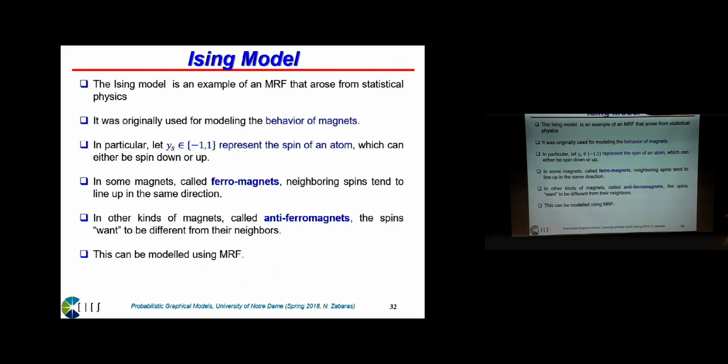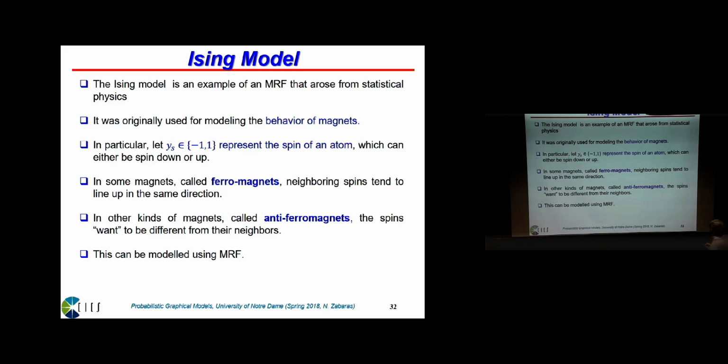Okay, so now I want to go back slowly to the Ising model and revisit some of the ideas we discussed and see how we can train this model with stochastic optimization. All right, so the Ising model: we're looking at a grid in 2 dimensions or 3 dimensions. We're basically trying to mimic the behavior of magnets.